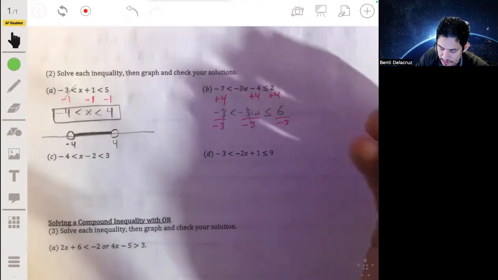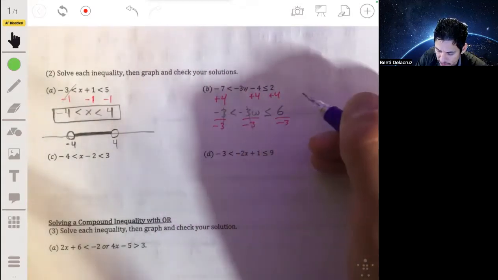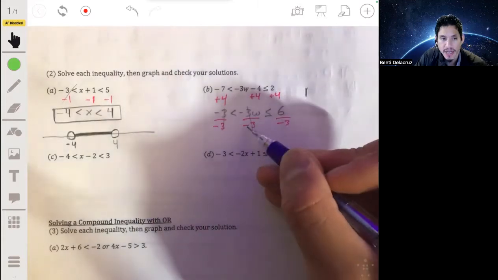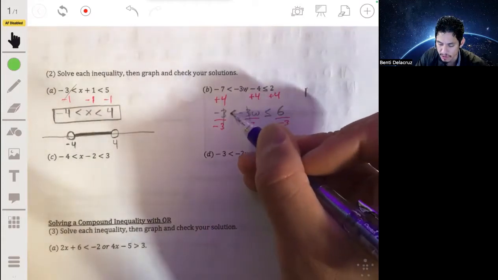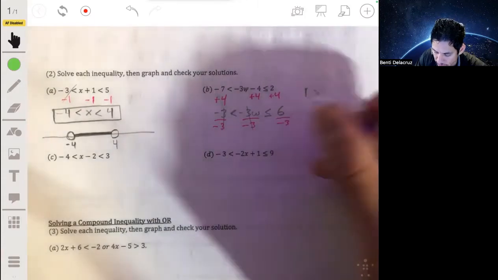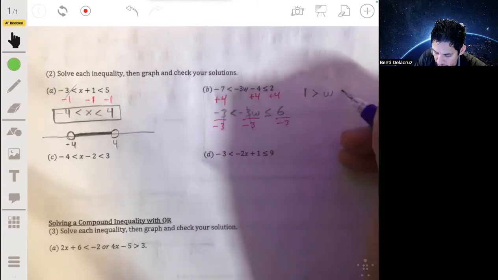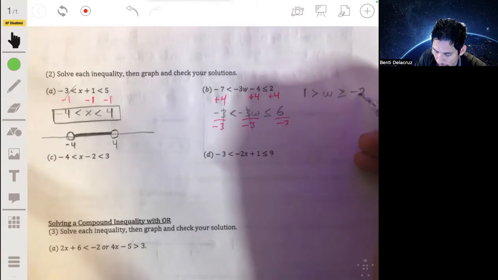Now let's remember this. I'm going to write it up here. -3 divided by -3 is 1. Since we're dividing by a negative number, we got to reverse the inequality symbol. So that becomes a greater than. W still stays in the middle. And that's, again, going to also be switched to greater than or equal to -2.